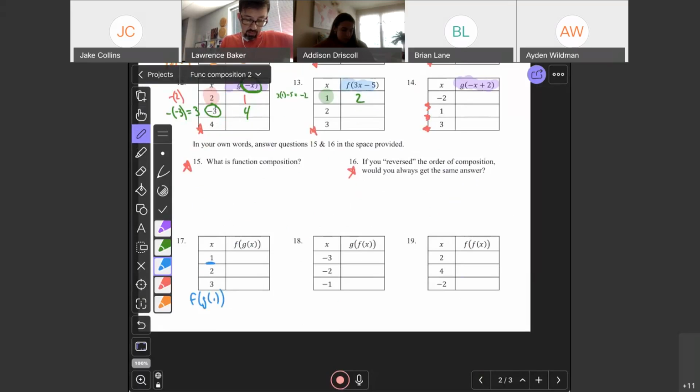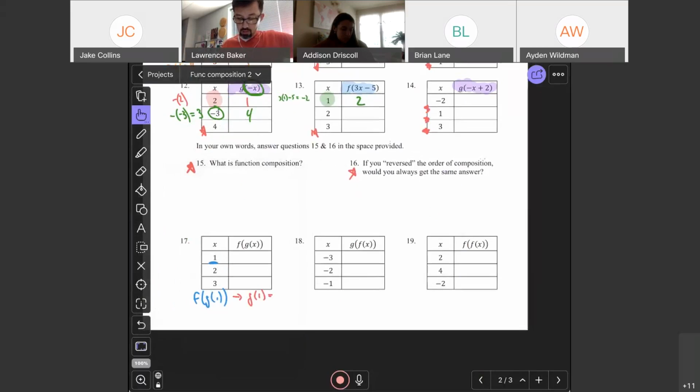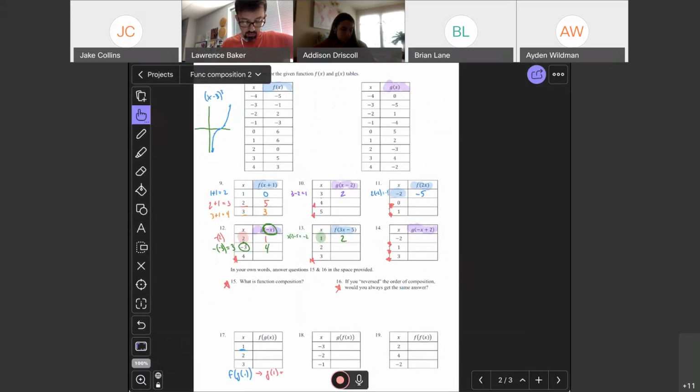We started off by saying the first thing I'm going to do is find g of 1, because that's on the inside. How am I going to figure out what g of 1 is? I'm going to go up to the table and see g of 1 is 2. What did we do with that number once we had it?